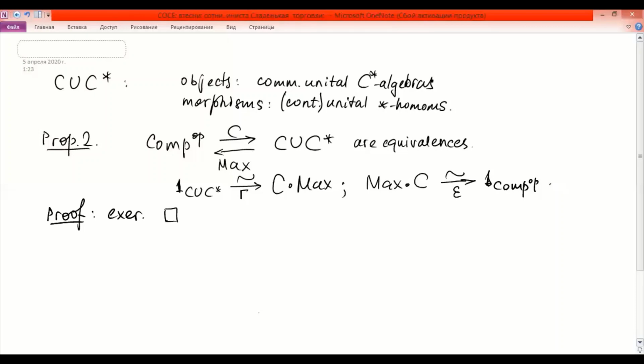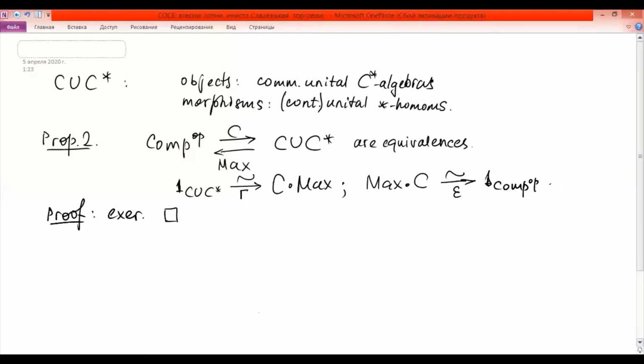So the fundamental principle of this part of non-commutative geometry is that each non-commutative unital C-star algebra can be considered as the algebra of continuous functions on a non-commutative compact topological space, which doesn't actually exist. Well, this may seem paradoxical, but this strange point of view leads to a very deep and interesting theory, which has many important applications.